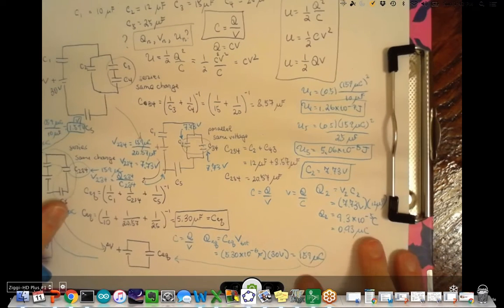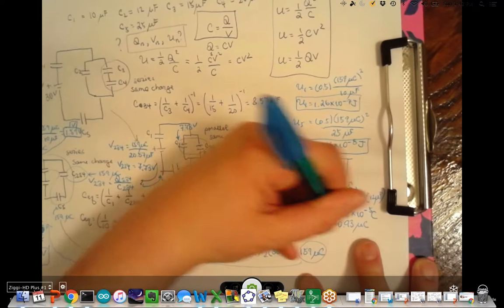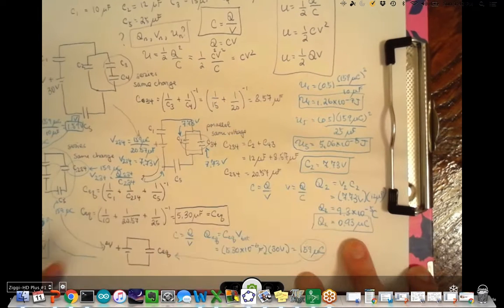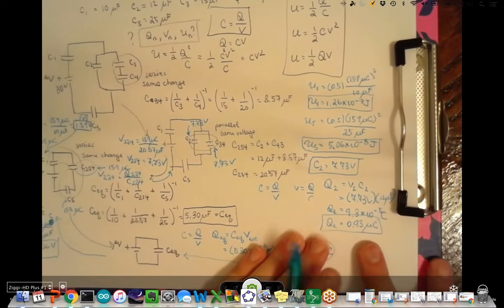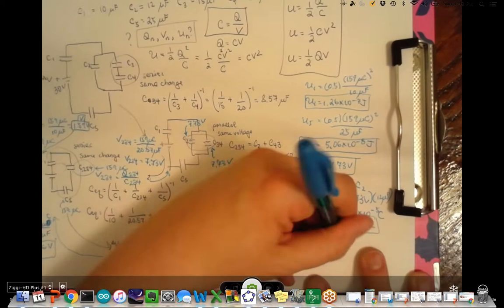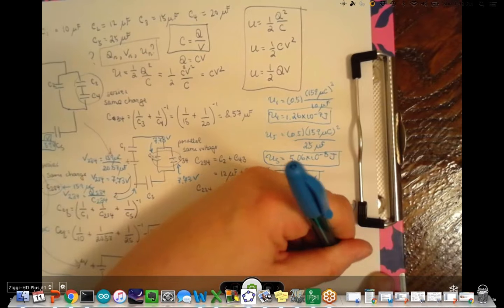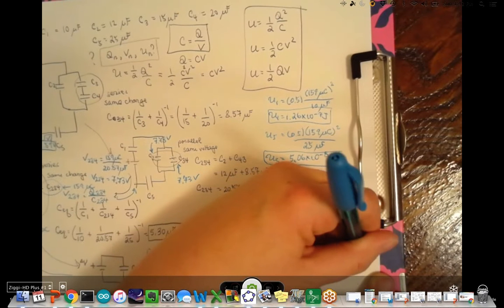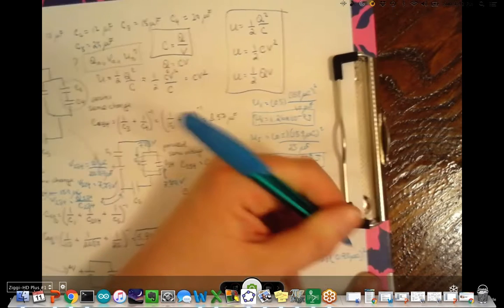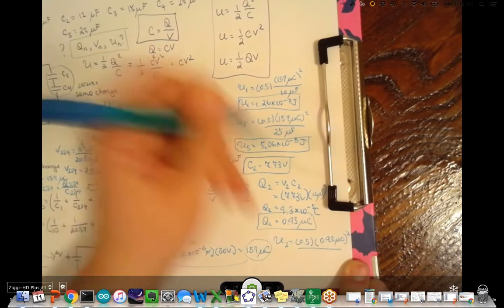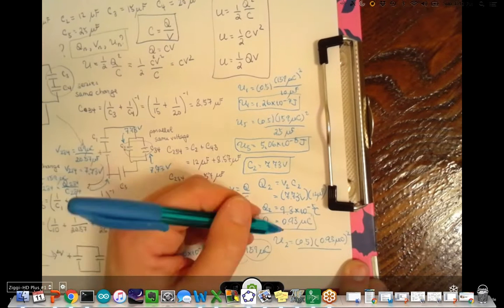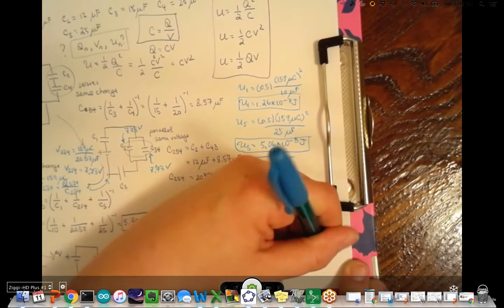All right, so we've got 0.93 microcoulombs as the charge on the second one. We found that, so we can find U on 2, which is 1/2 the charge, 0.93 microcoulombs squared, divided by C2, which was 12 microfarads.